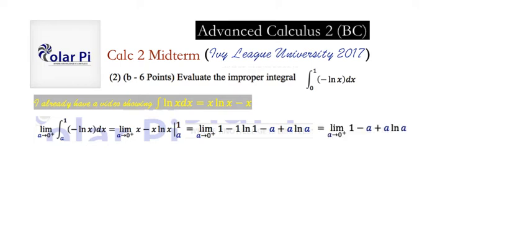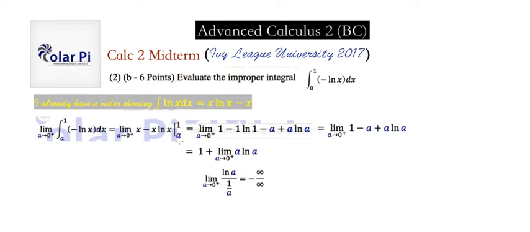And now when we send a to 0 from the right, this a will turn into 0, but then we'll have the limit as a goes to 0 from the right of this here, and that is going to be a little bit of work.